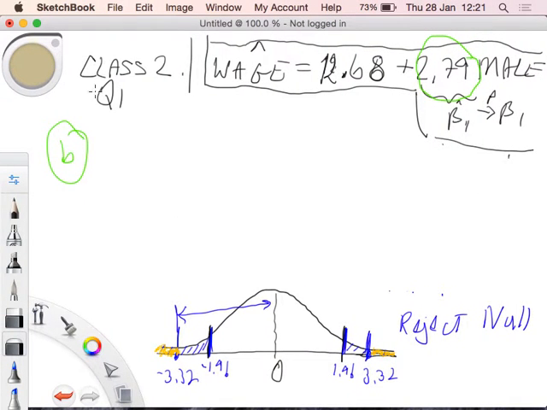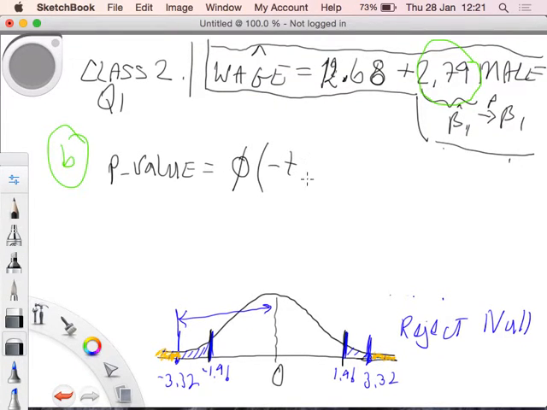So now our p-value is equal to, this is t stat, t actual, the same thing.